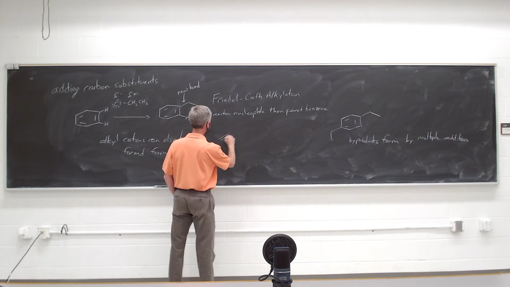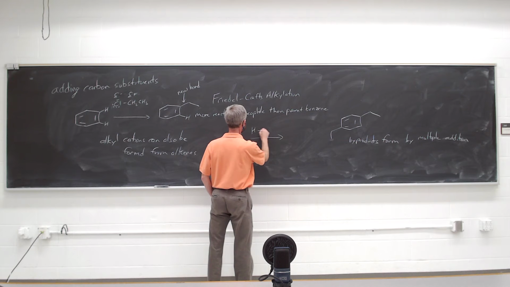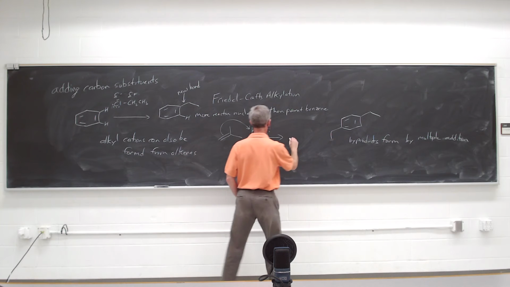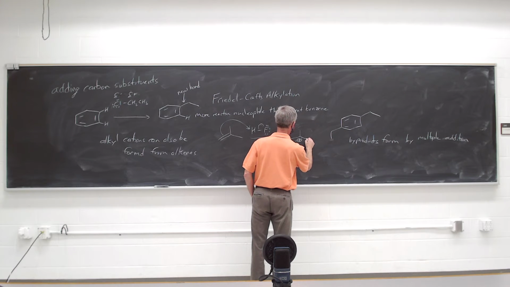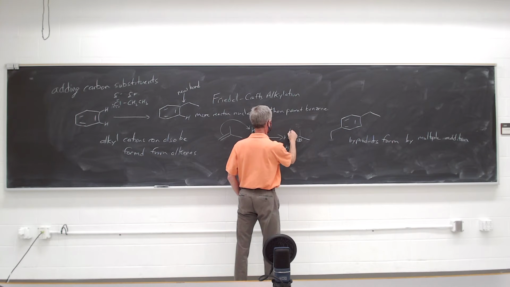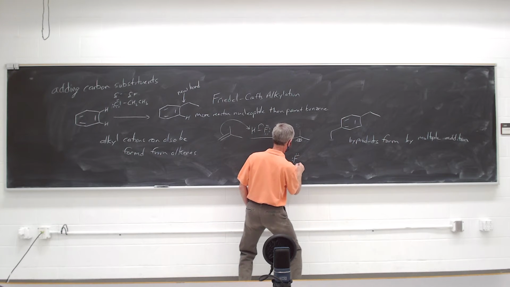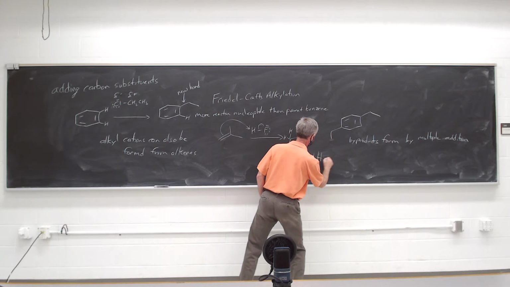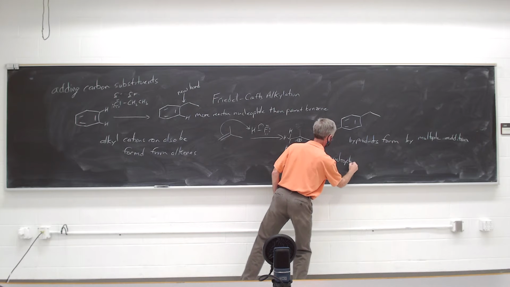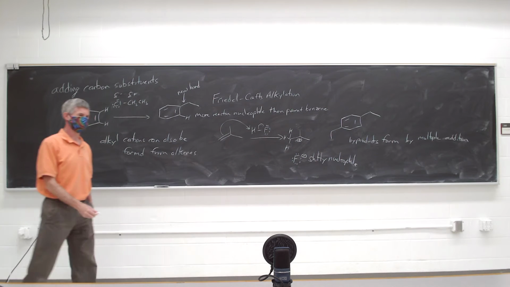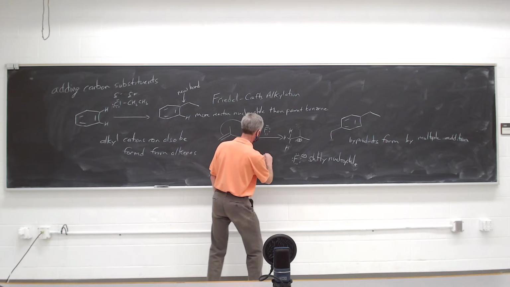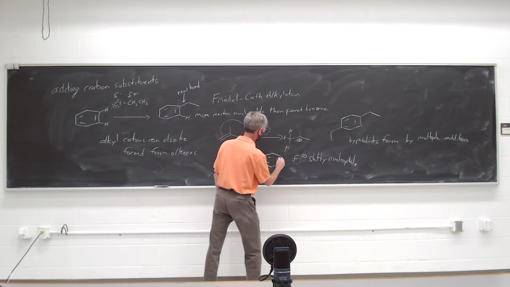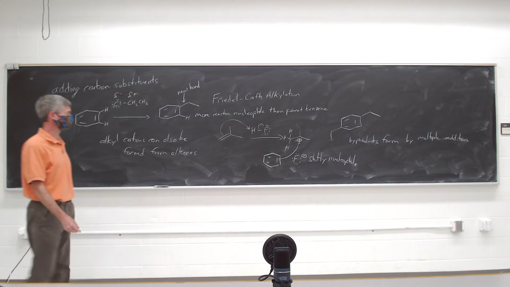You can also use alkenes. And if you react alkenes with HF, fluoride is a poor enough nucleophile that it will not out-compete benzene, so the benzene will react rather than fluoride, and we can get an electrophilic aromatic substitution reaction.